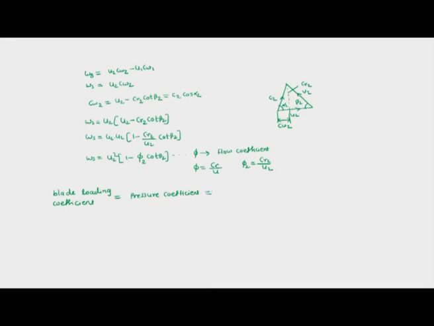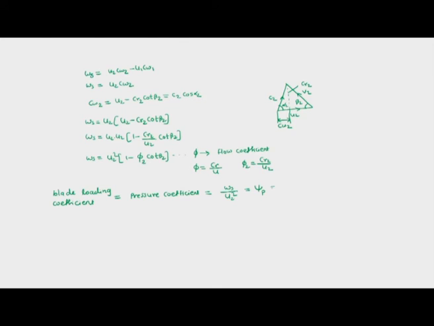This pressure loading coefficient has a definition which says that it is the ratio of stage work divided by U2 square, and this is named psi p, the pressure coefficient.